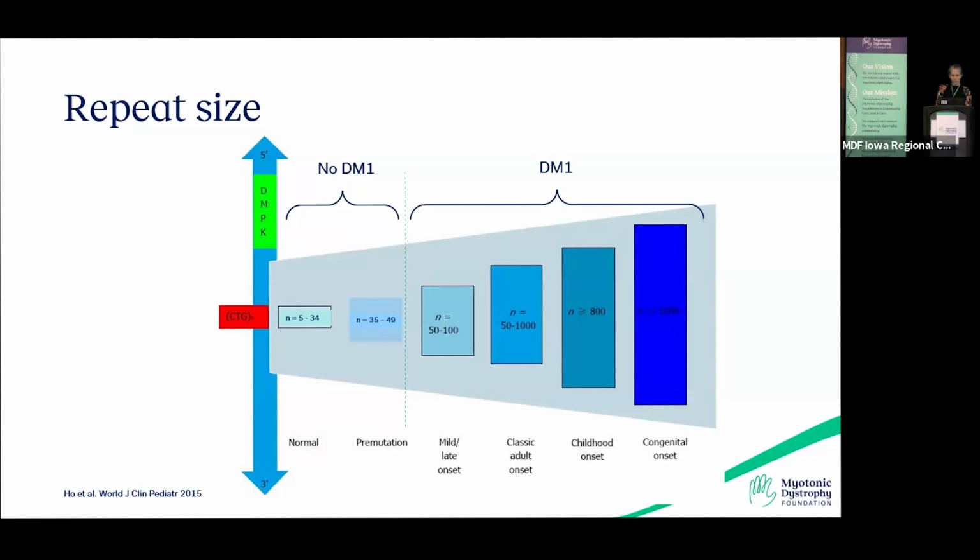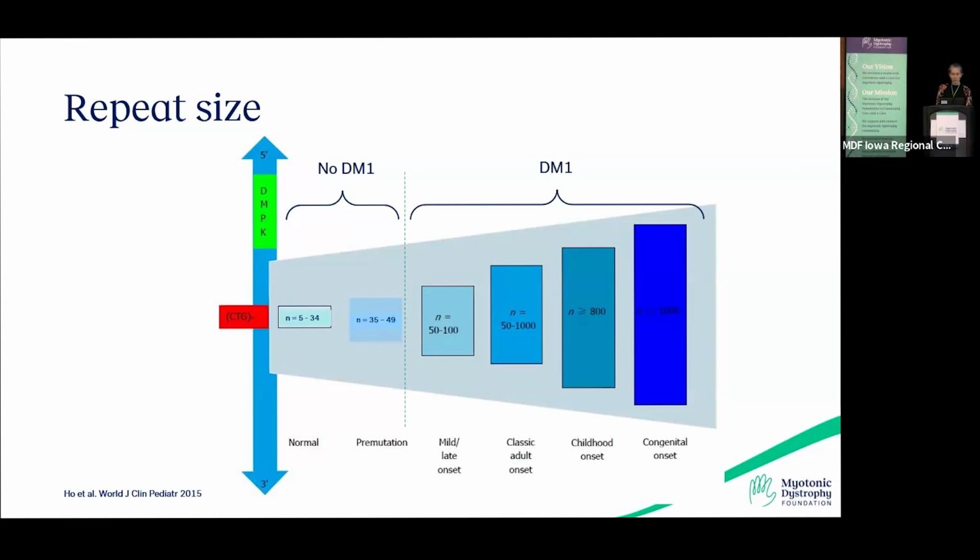With this diagram and just looking at the numbers, if we look all the way out here, that's repeats of 1,000 or greater, and that will be congenital onset. So infants will show symptoms of the disease. And then milder disease is going to be in the 50 to 100 range, and a later onset.